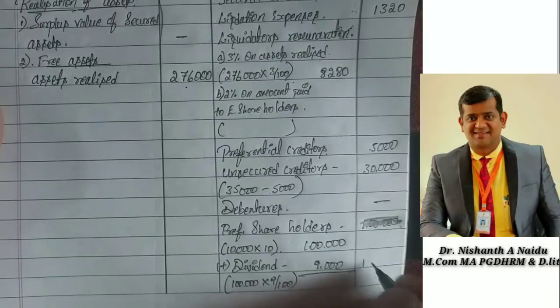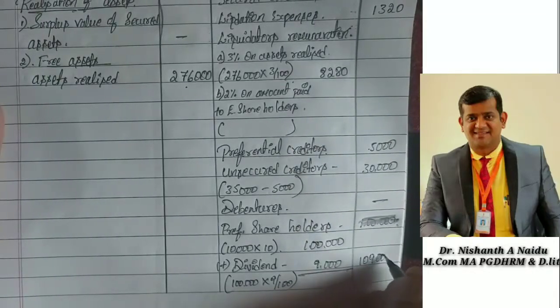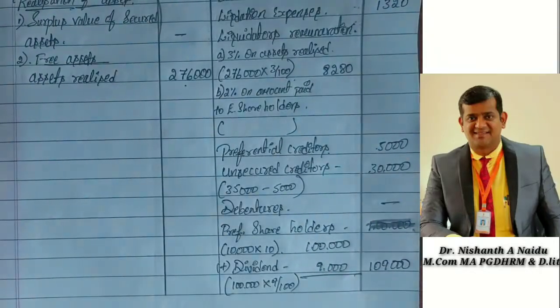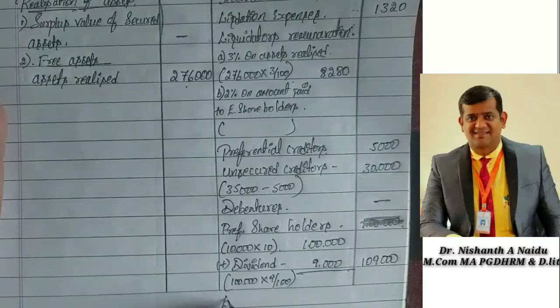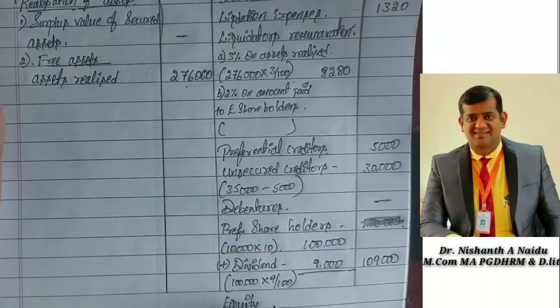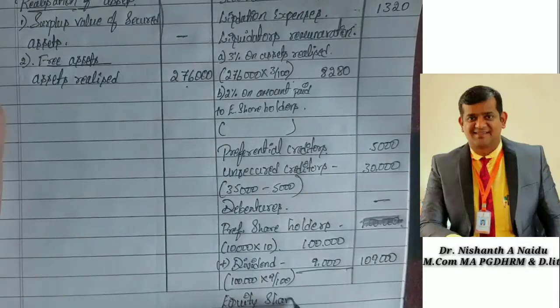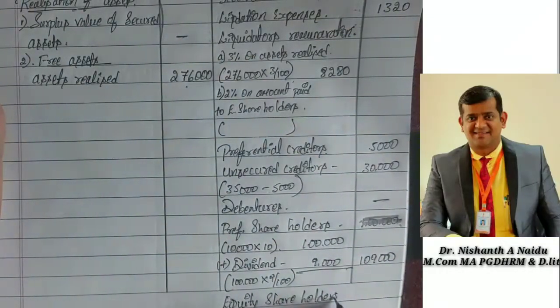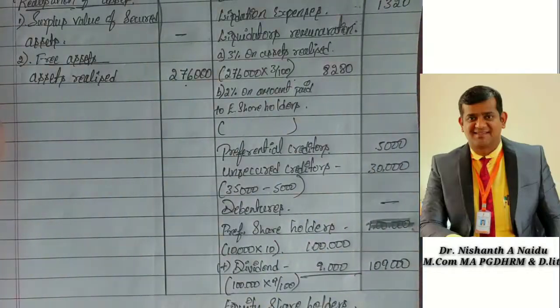Now write this in the outer column, 1 lakh 9,000. So we have settled everybody. Now we have to settle the equity shareholders. So let us write equity shareholders.